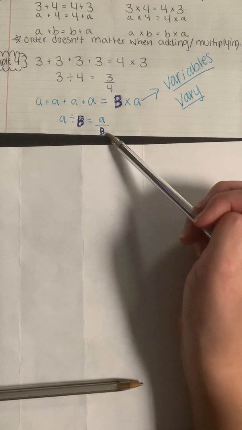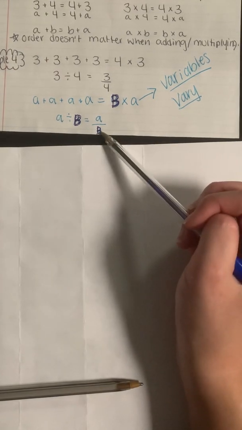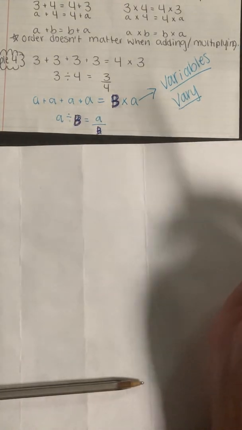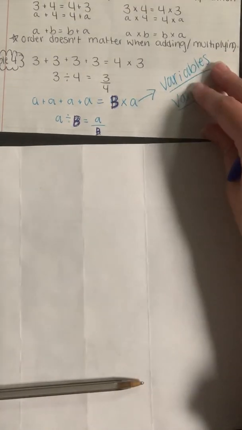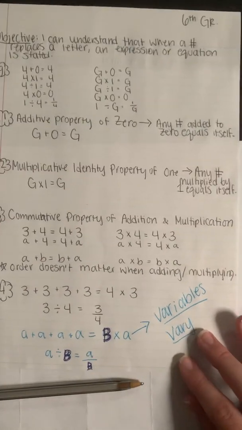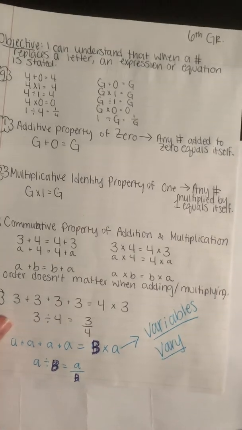Now, we can't have a 0 in a denominator, so unfortunately 0 won't work here. It would be undefined. That's what we would call it in math, but any other positive rational number actually would work. So those are all of the different properties that you need to be aware of and make note of when you're solving math problems.